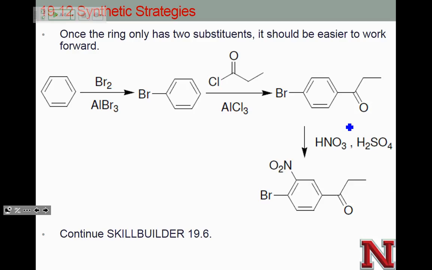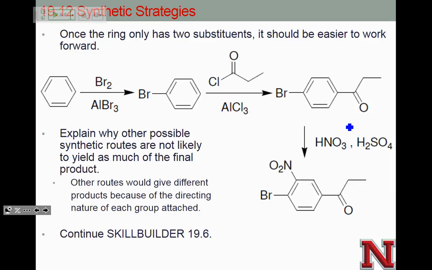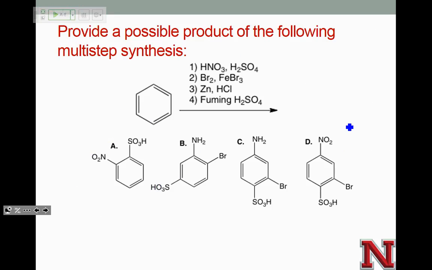So it just causes a mess. Any other routes in this example would give us different directings and different attachments. Sometimes there will be multiple routes you can take, but in these cases, these are the only routes that give you the correct directing.